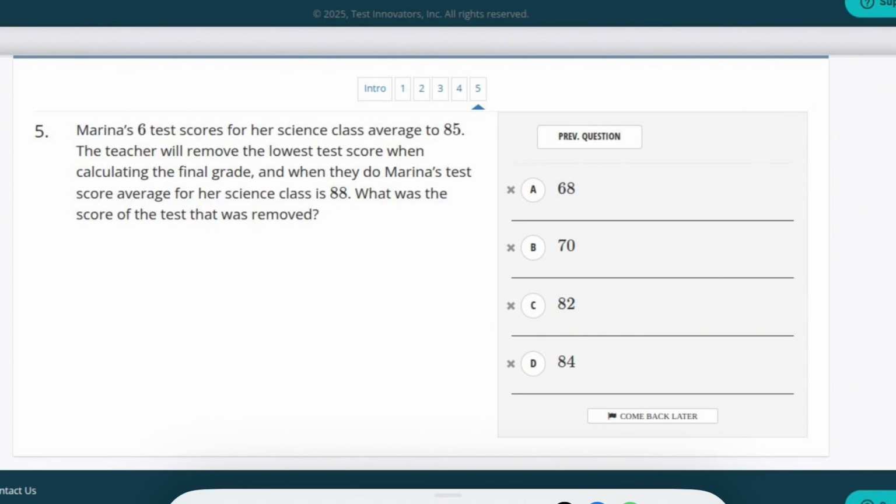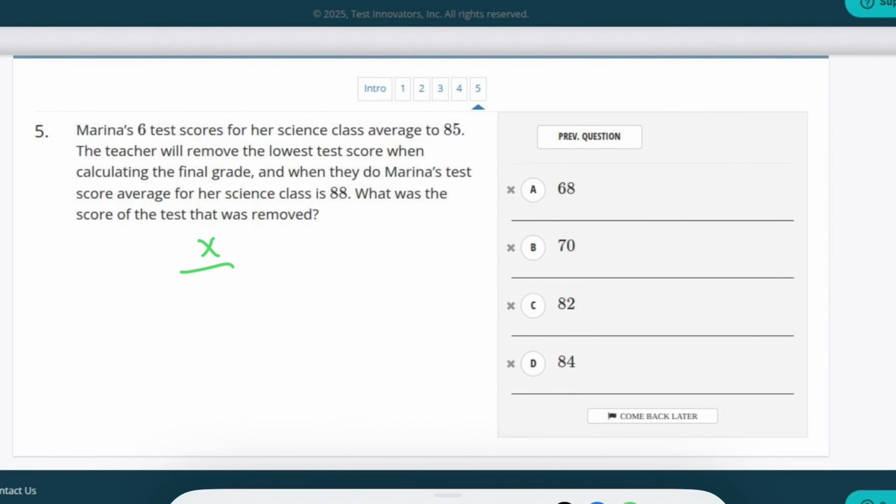averaging 85. That means the average is 85. So a mean would be adding each one all together and then dividing it by 6. So if you have a certain number x and then it's divided by 6 and then that equals 85, that means to get x we would have to just multiply 85 by 6.